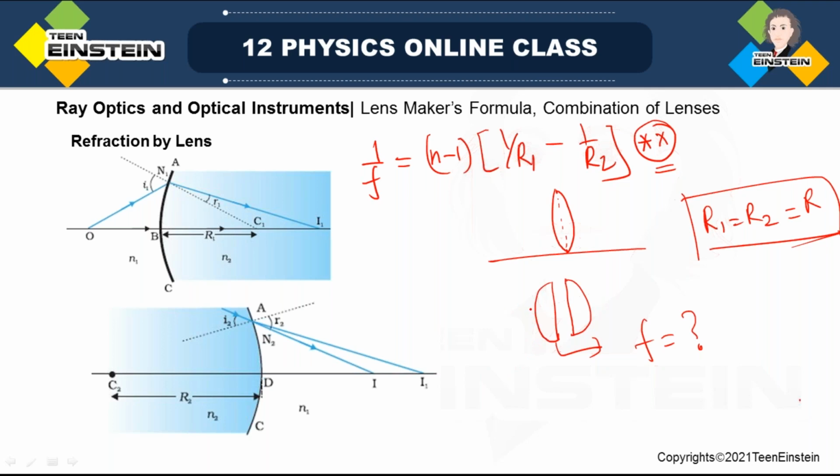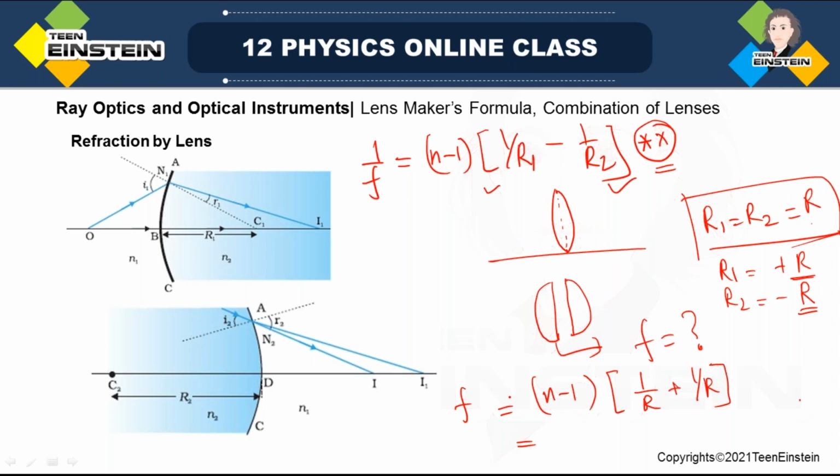So we can use the Lensmaker's formula to find this. As it is equiconvex, both are R, but R1 will be positive R and R2 will be negative R. In the Lensmaker's formula, if we apply R2 as minus R, then we get (n minus 1) into (1 by R plus 1 by R).